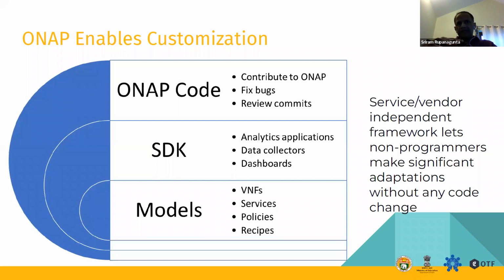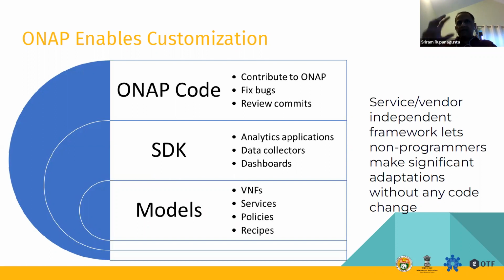So these three layers are roughly in the order of complexity. The lowest layer, the models, are the easiest way to contribute to ONAP, because you don't really require deep understanding of ONAP. You don't require programming knowledge. You can develop all of these models using the modeling languages.